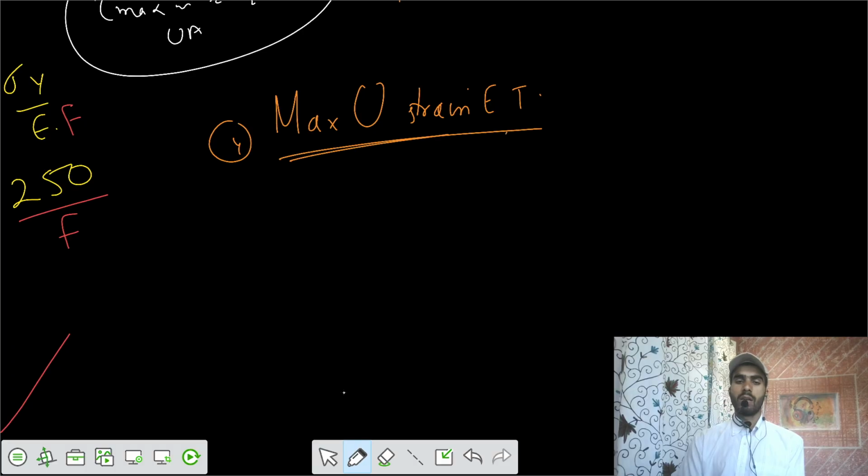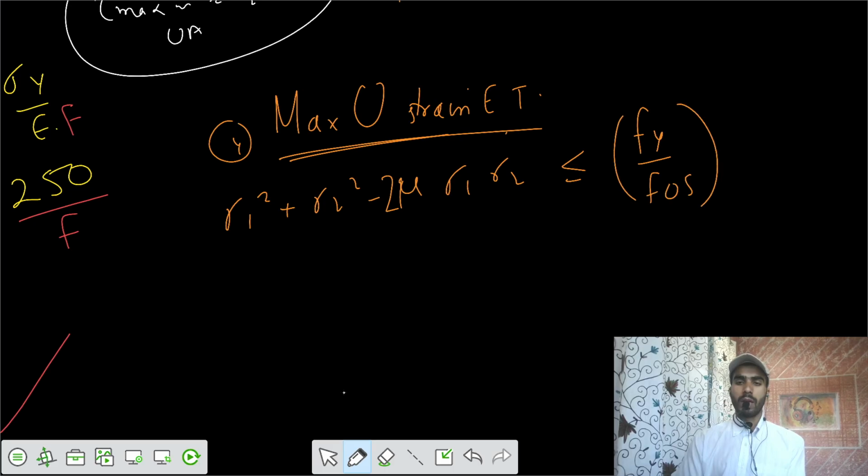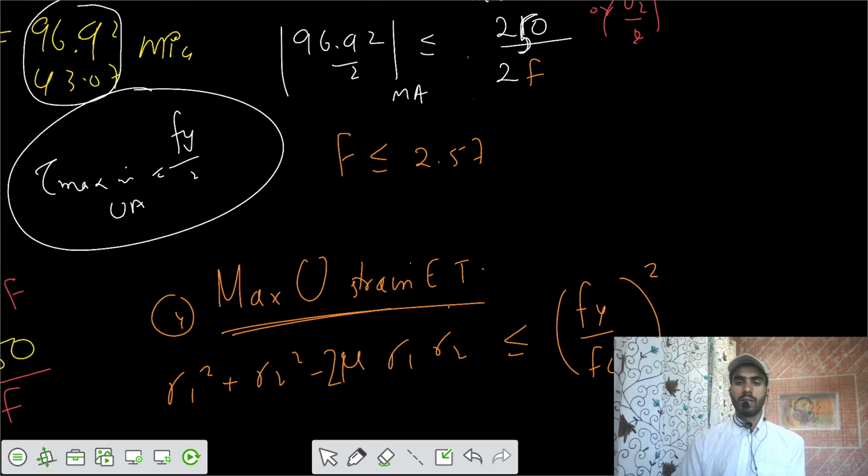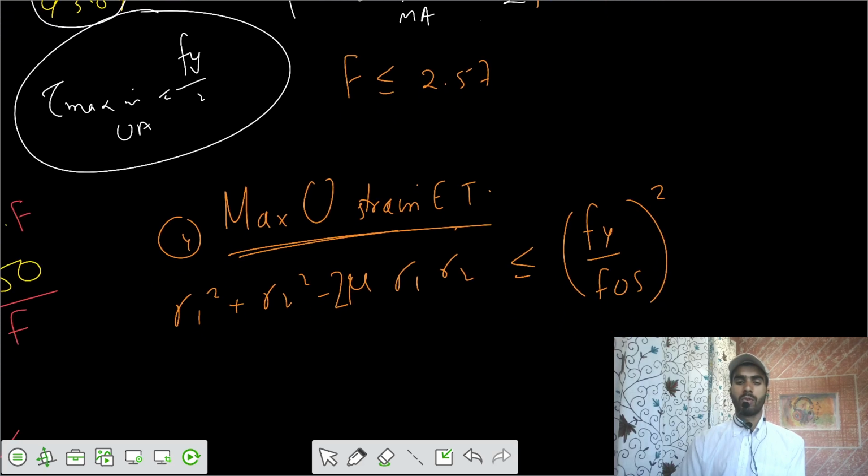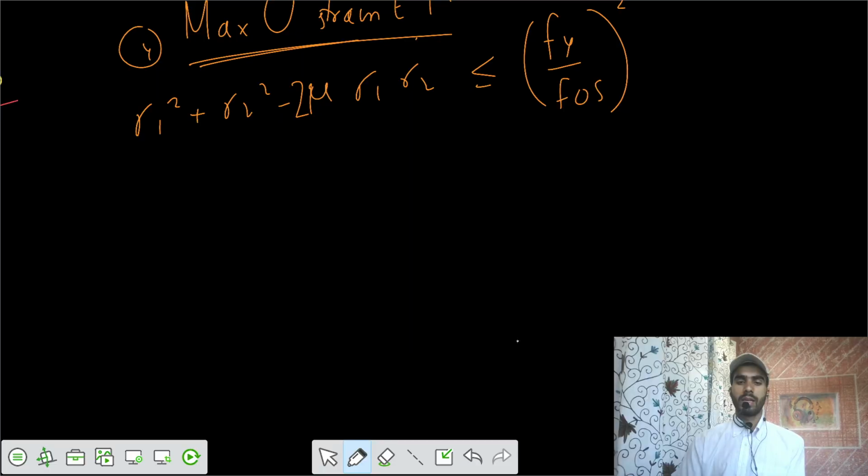Similarly, method 4 says maximum strain energy theory. It says that sigma 1 square plus sigma 2 square minus 2 mu sigma 1 sigma 2 should be less than or equal to Fy by factor of safety whole square. So you have the values of sigma 1 and sigma 2.